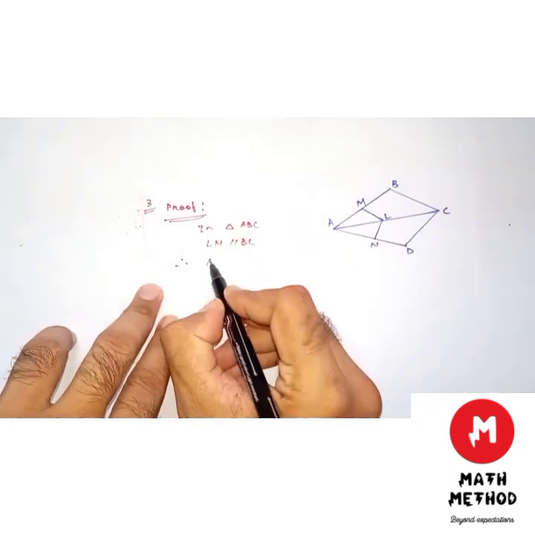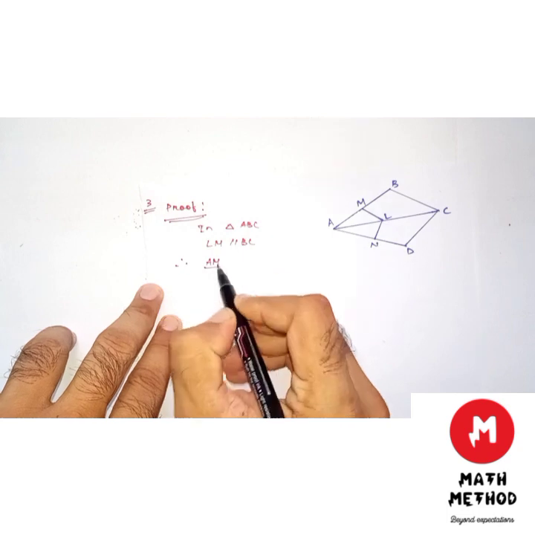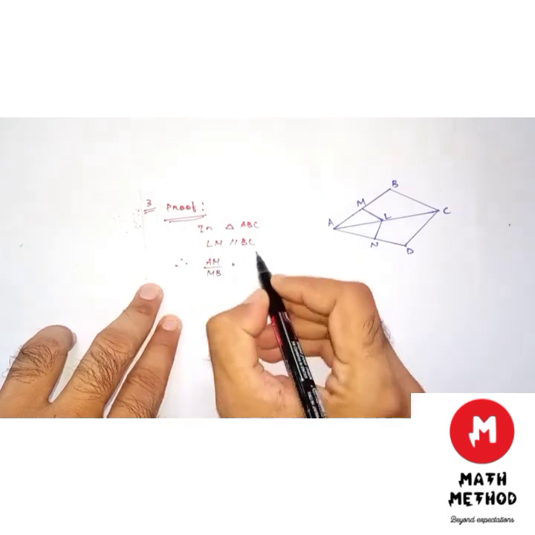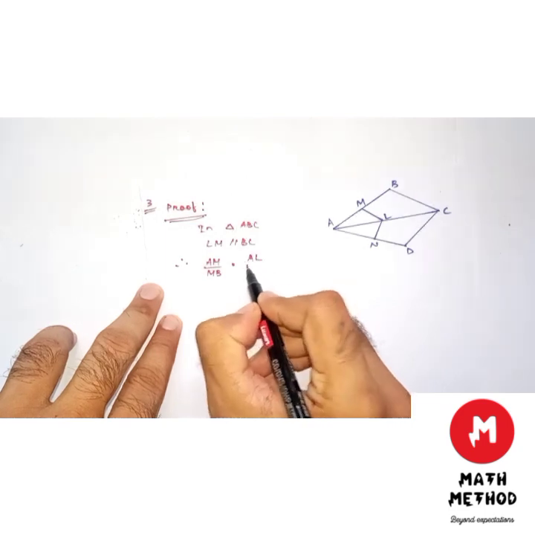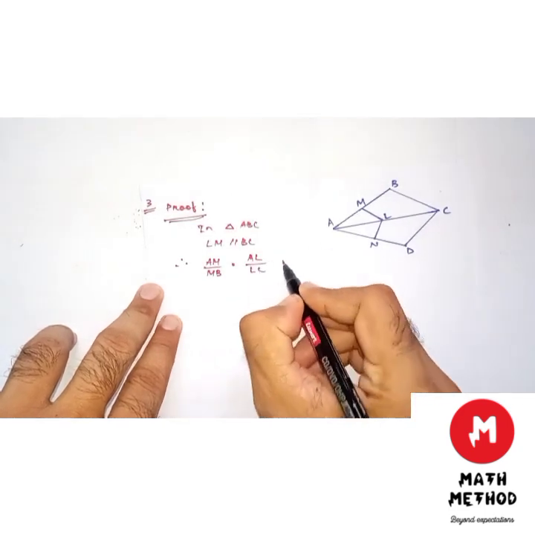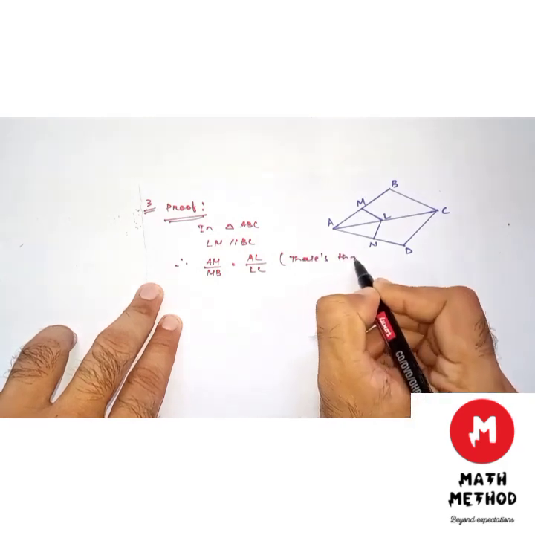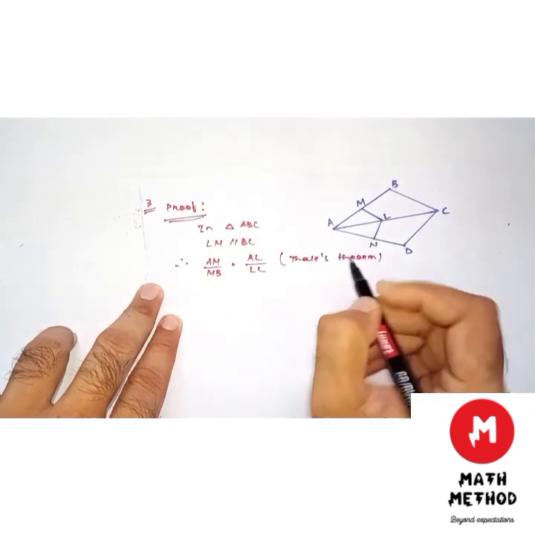Therefore AM upon MB is equal to AL upon LC. This is our Thales' theorem or basic proportionality theorem. Clear?